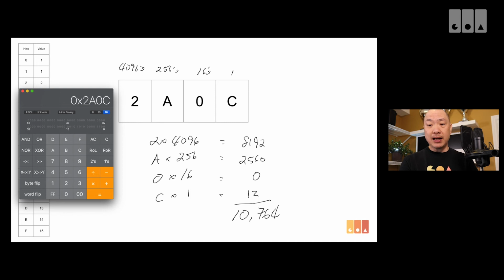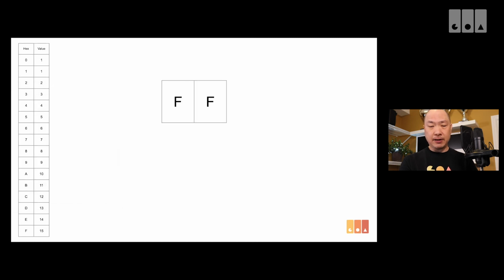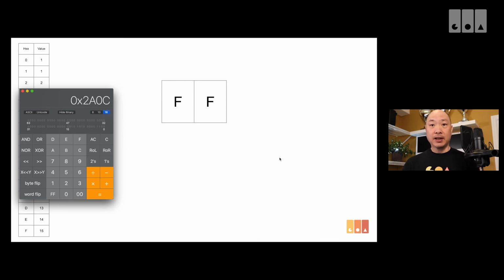We'll do one more, a little bit easier, but this one is a special one. FF. Okay, what is FF? Let's do our calculations again. The first digit of F is ones, and the second digit is 16ths. Okay? And what is F? F is 15. The symbol F represents 15, right?